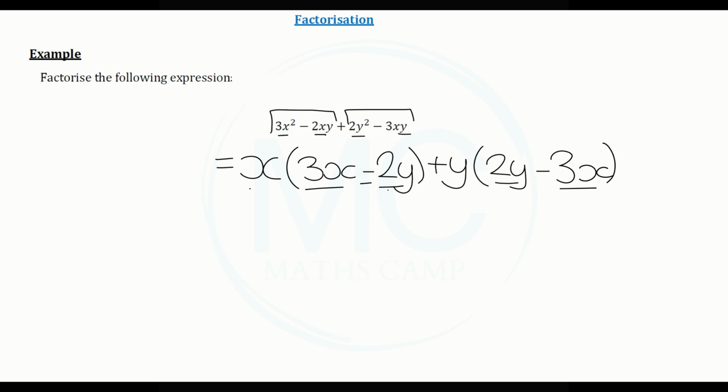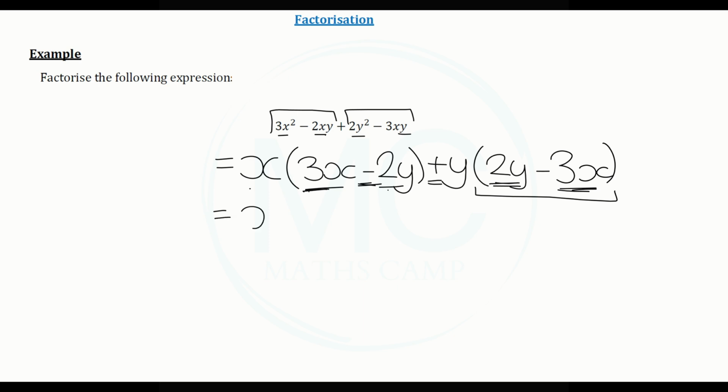But be careful. In the first bracket, we have positive 3x, and the second bracket, negative 3x, negative 2y, and positive 2y, which means the terms in the bracket right now are not the same.